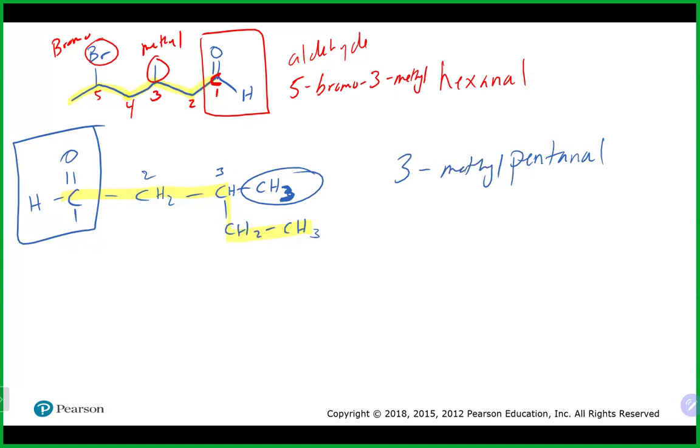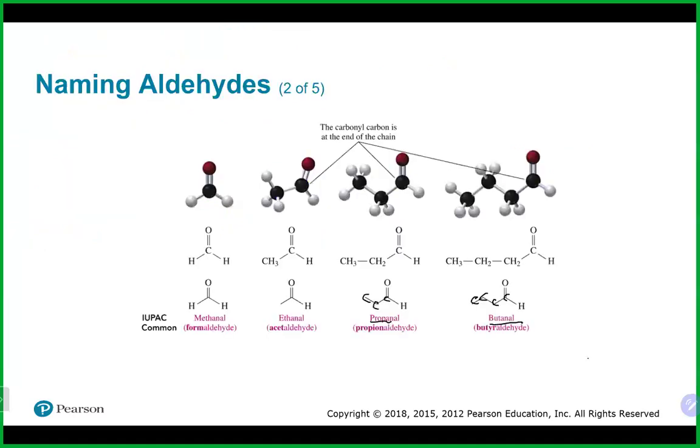To pick back up here, any questions so far? Anything we've been talking about here? All right. So as we've been talking about, we are going to do the IUPAC way of naming the aldehydes, which is what we just were doing. A couple of things that we talked about: we'll always find this group at the end because of that hydrogen.